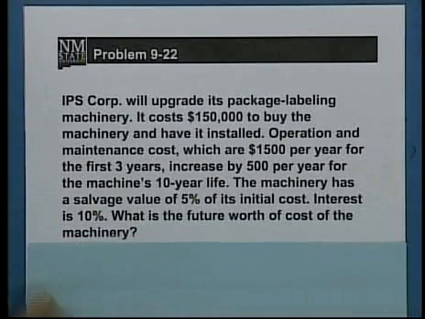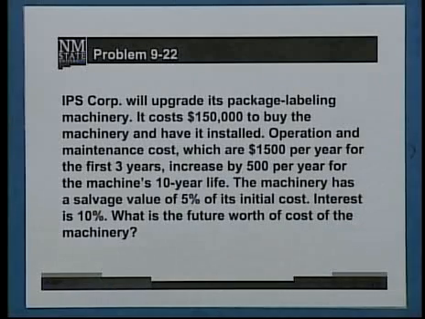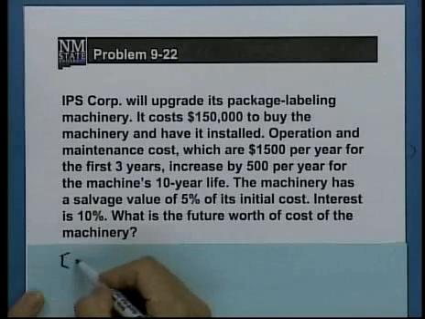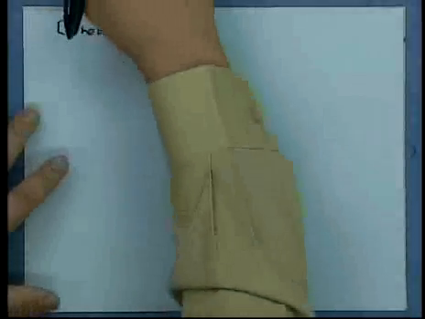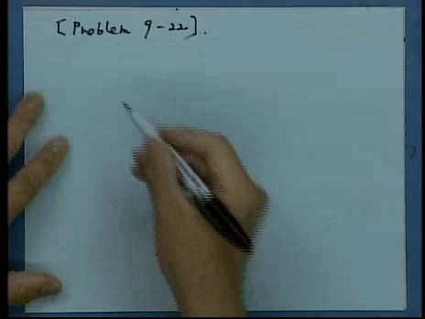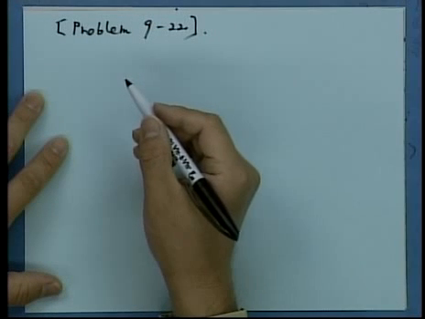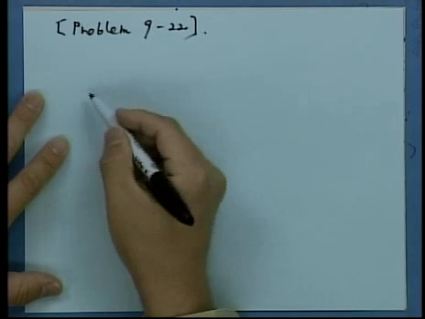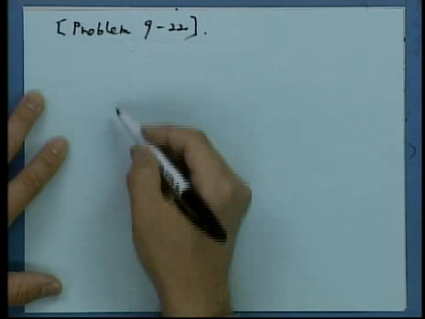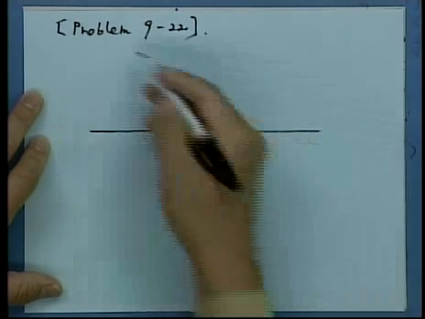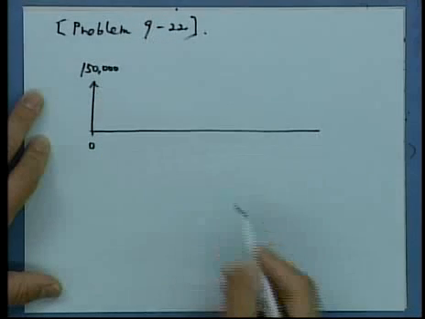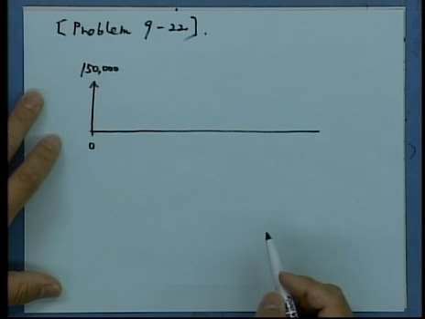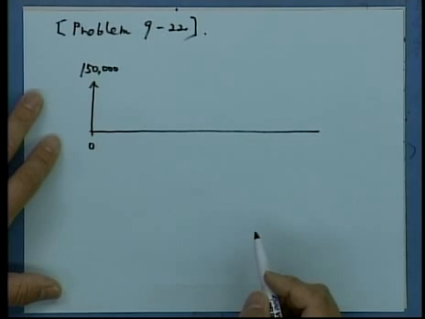Okay, so let's draw the cash flow diagram first. It can be purchased at $150,000 right now, and annual operation and maintenance cost would be $1,500 for the first 3 years.